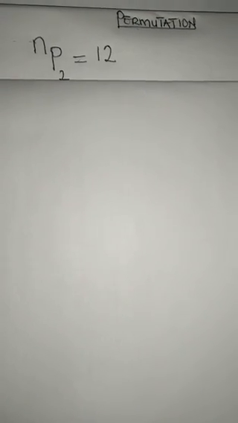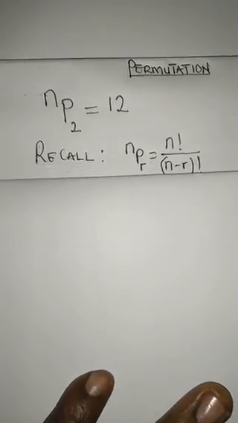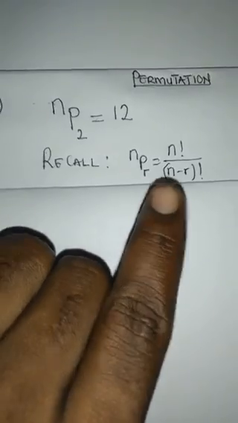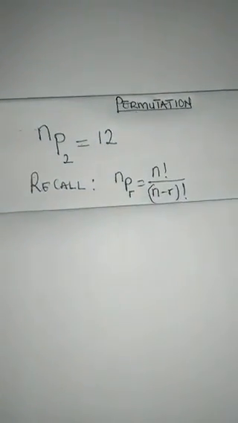Today we'll take this example on permutation. Now we have nP2 is equal to 12. What we are going to do is remember that nPr is equal to n factorial divided by (n minus r) factorial, just like we previously said.